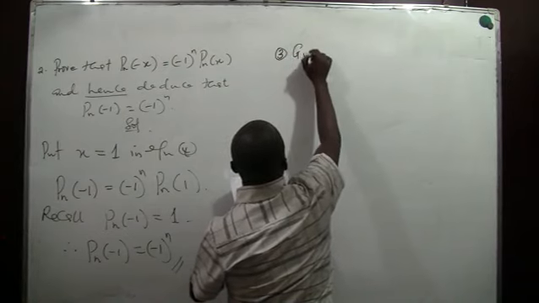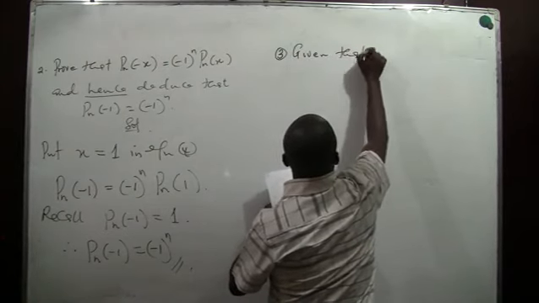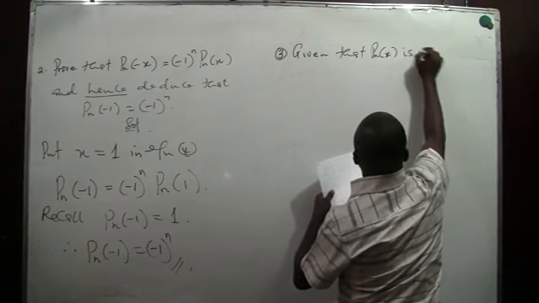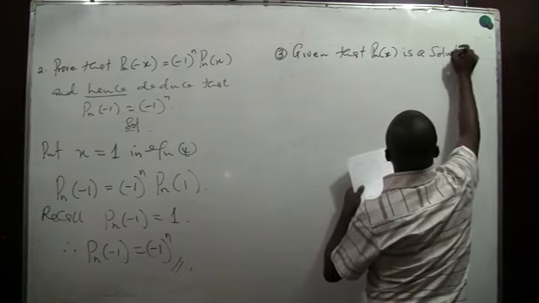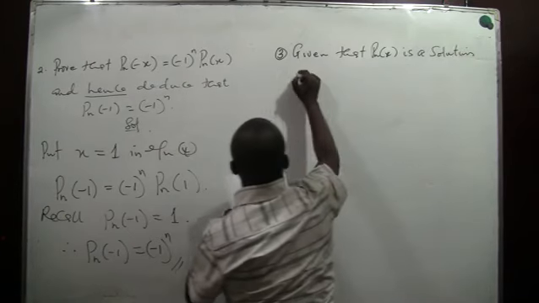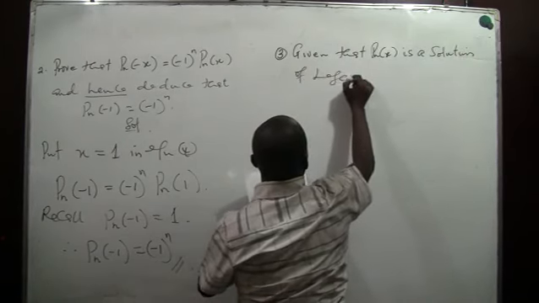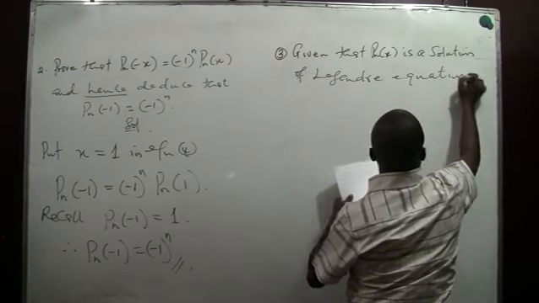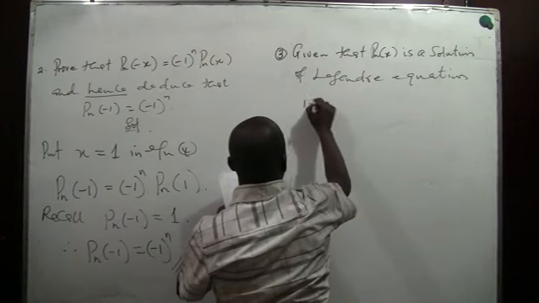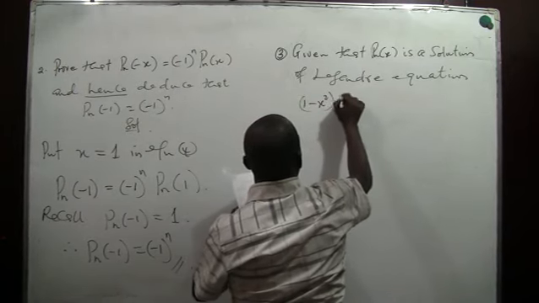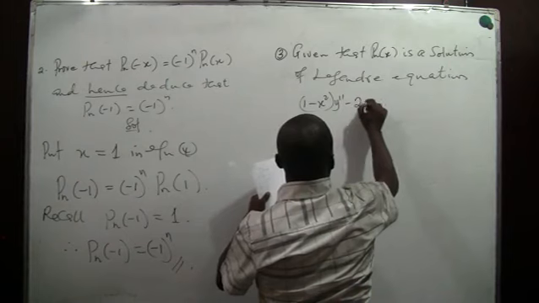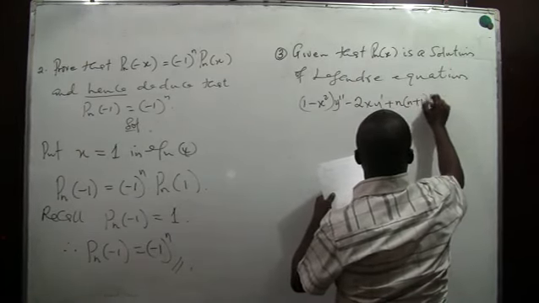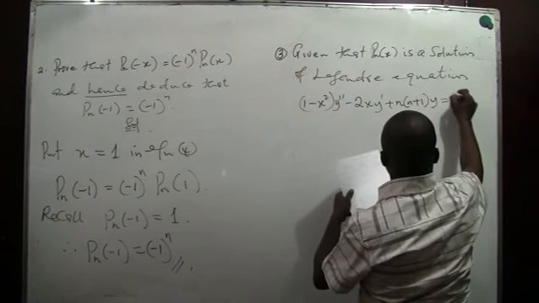Given that Pn of x is a solution of the Legendre equation, 1 minus x squared y prime prime minus 2xy prime plus n into n plus 1 y equals 0.